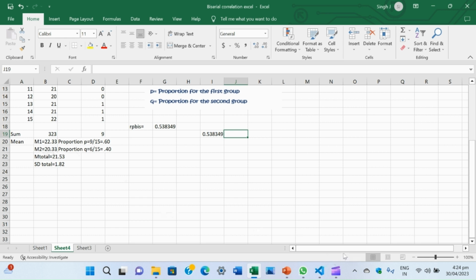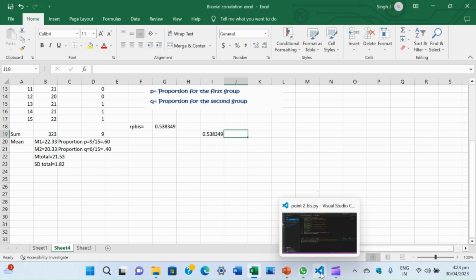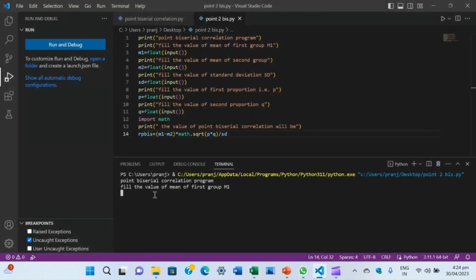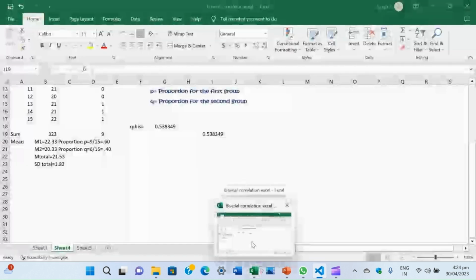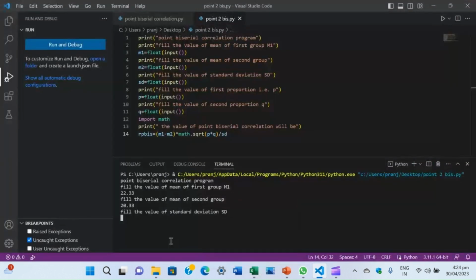So we fill this value in the output, 22.33, enter, 20.33 for the value of m2, and then we enter, fill the value of the standard deviation, and the value of standard deviation is 1.82.